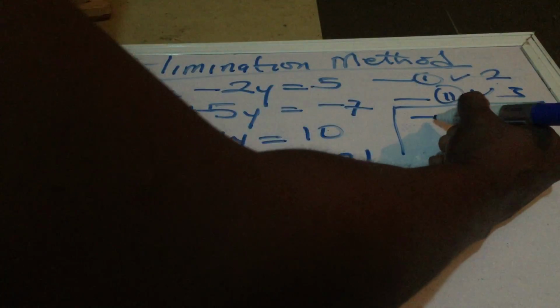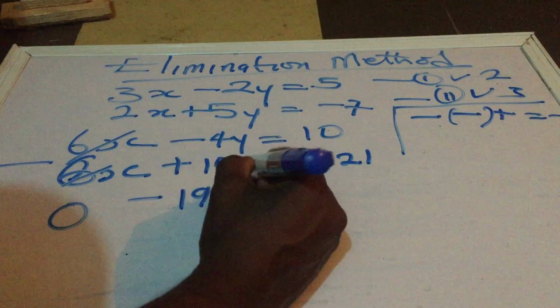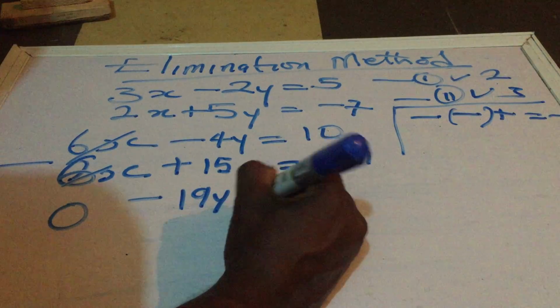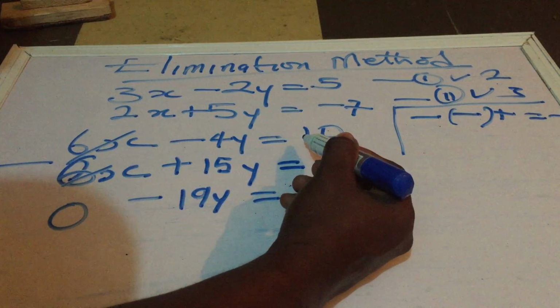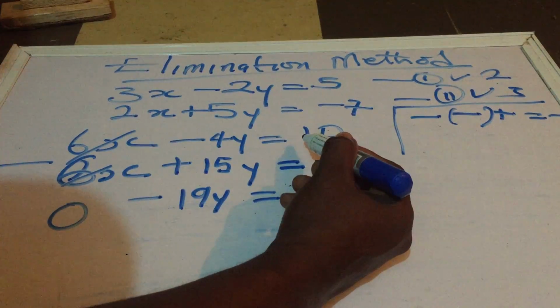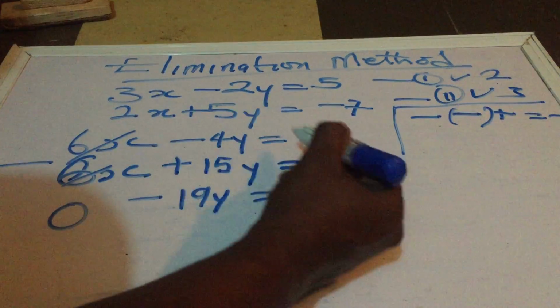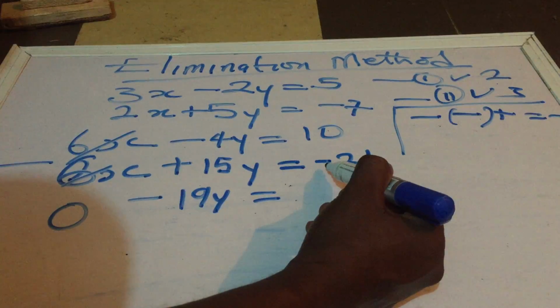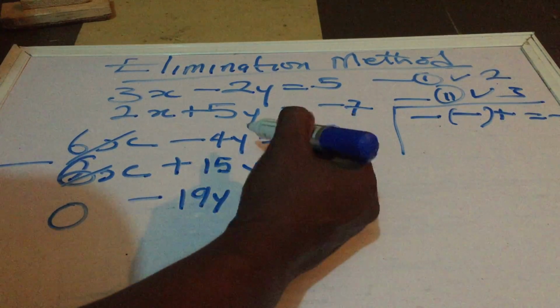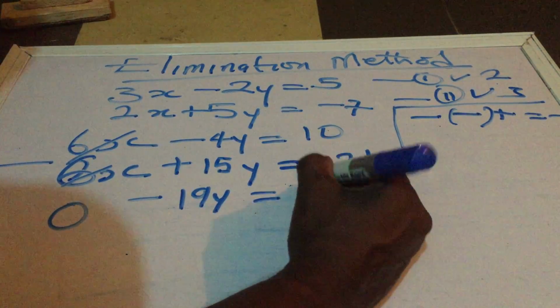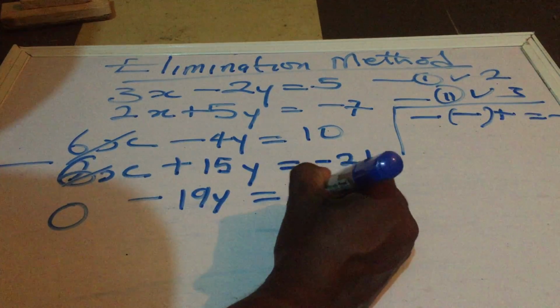Let me just solve this. Minus times plus gives us minus, and minus times minus will give us minus, then minus times plus we get minus. Don't forget that. That's the clue. Then going to here, plus 10 minus 21, then we get plus 31.